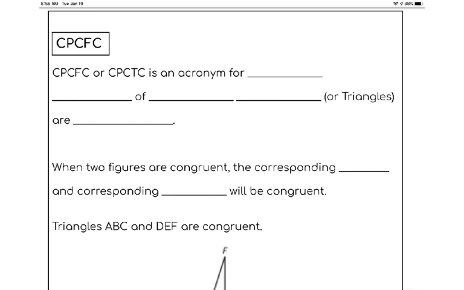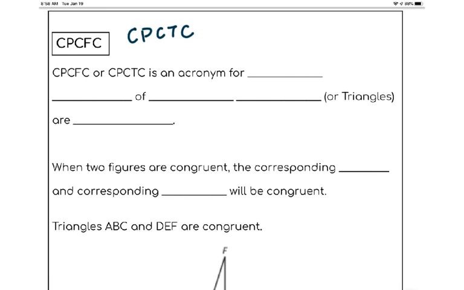So in this video, we're going to discuss how the corresponding parts of congruent triangles, or in any figure, are going to be congruent. You'll see here that we have this acronym CPCTC, which is what we usually call it in the math geometry world.